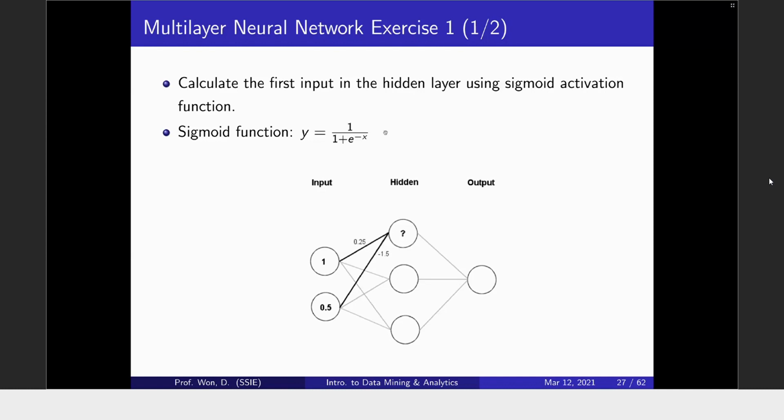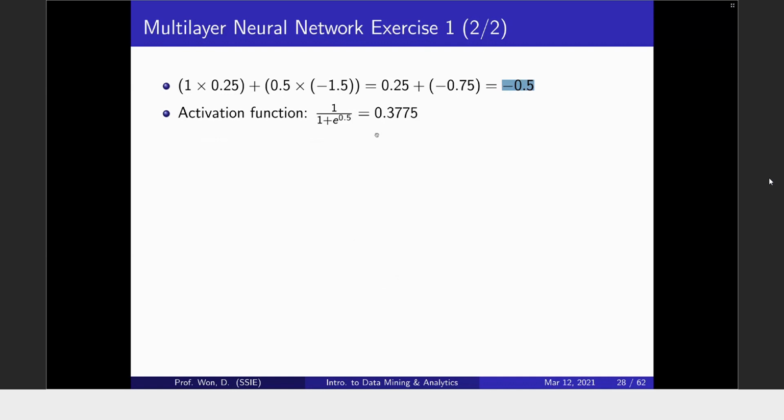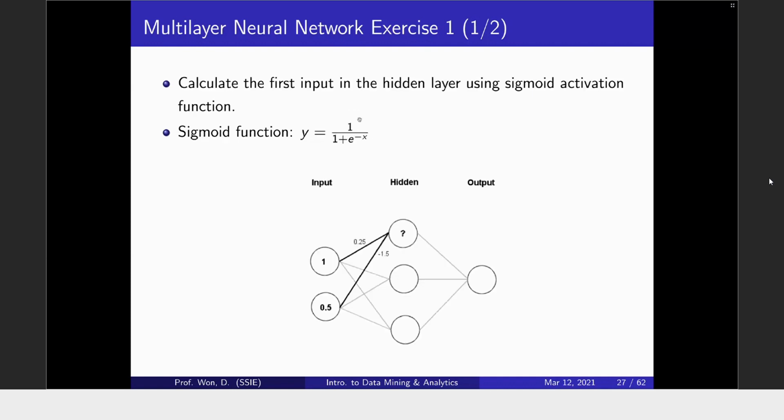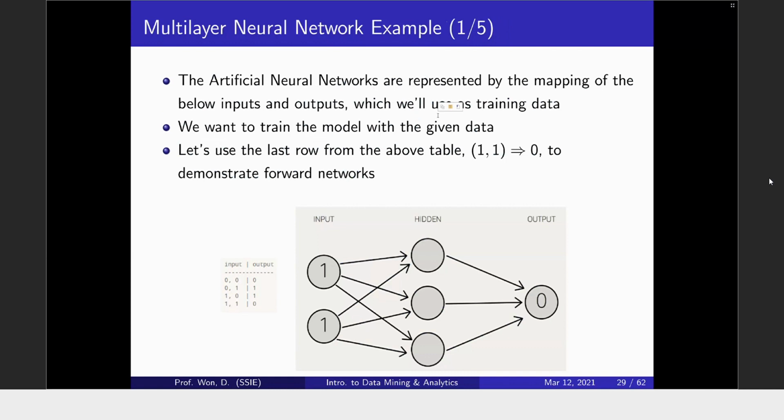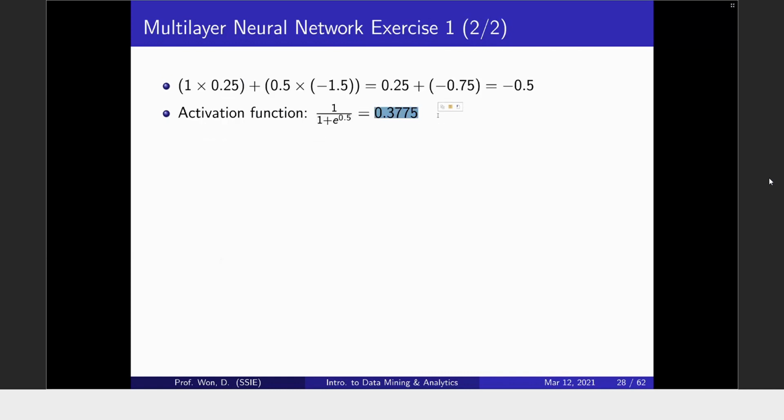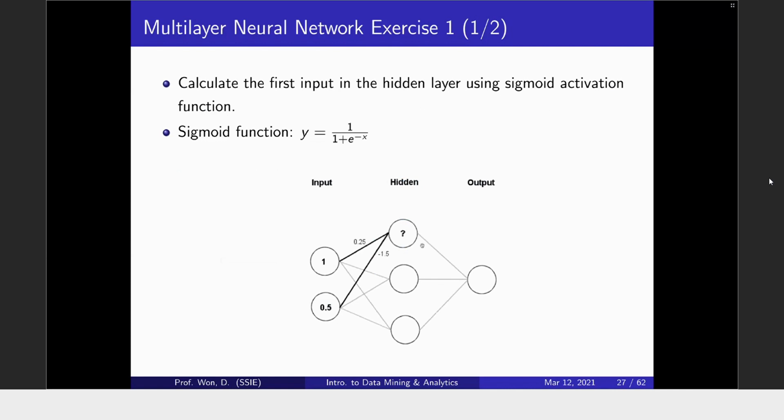Sigmoid function. So I'm going to put minus 0.5 here, and after my activation function, I'm going to have 0.3775. Okay, so that is our final outcome of this hidden layer node, right?